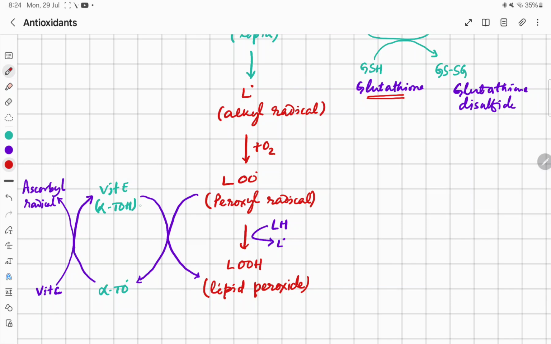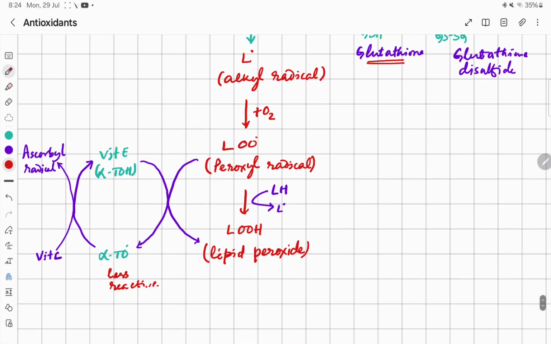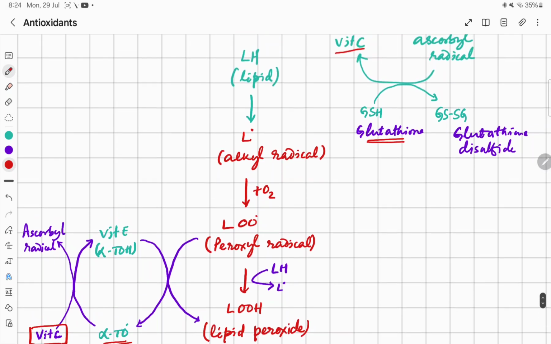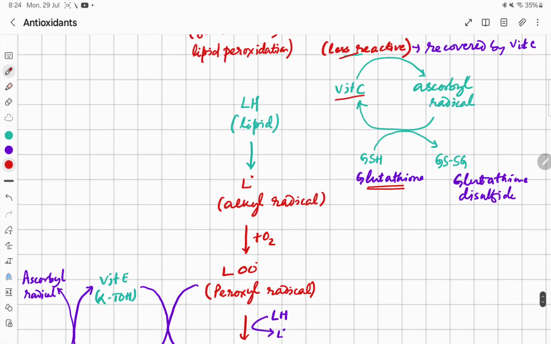Vitamin E, which is alpha tocopherol, is converted to a less reactive radical, and that less reactive radical can again be converted back to vitamin E by vitamin C, and in return vitamin C also is converted to a less reactive radical, ascorbyl radical, and that ascorbyl radical can be returned back to vitamin C in presence of glutathione.